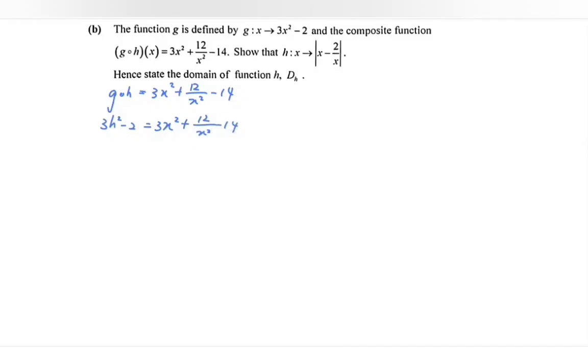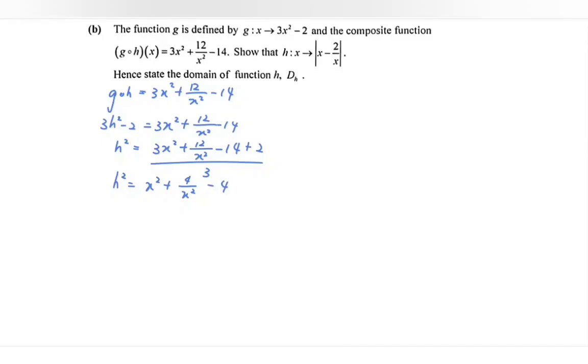So can we rearrange the situation? So here we have 3h squared, or we can say h squared, which is equal to 3x squared plus 12 over x squared minus 14 plus 2, all over 3. So h squared will be equal to x squared, and then plus 4 over x squared, and then again we have negative 12 divided by 3, so we will have negative 4.